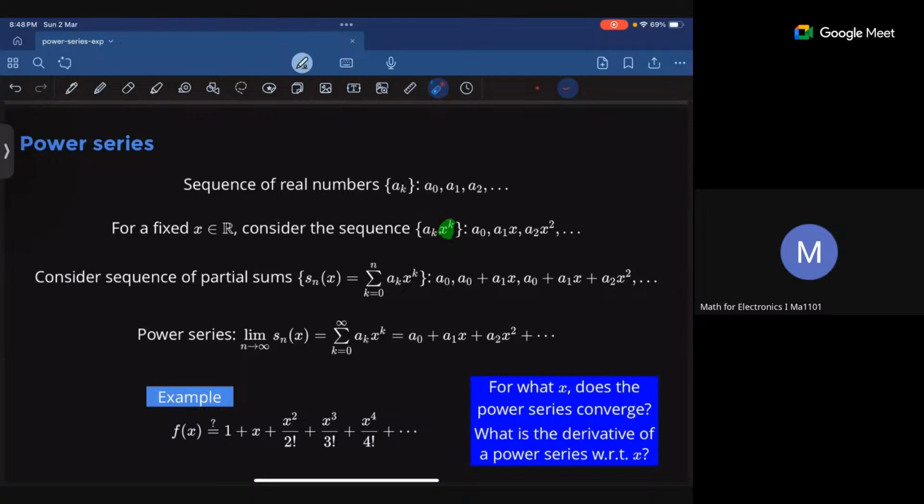You would have seen quite a few examples of power series. The very well known power series expansion is this: 1 plus x plus x square by 2 factorial plus x cube by 3 factorial plus x power 4 by 4 factorial and so on. So this is a power series. And if you closely observe this expression, it is like a polynomial, right? So you have the constant term, linear term, quadratic term, cubic term.